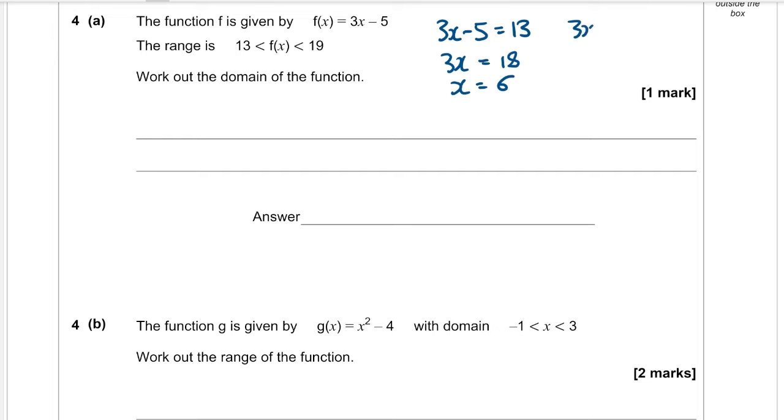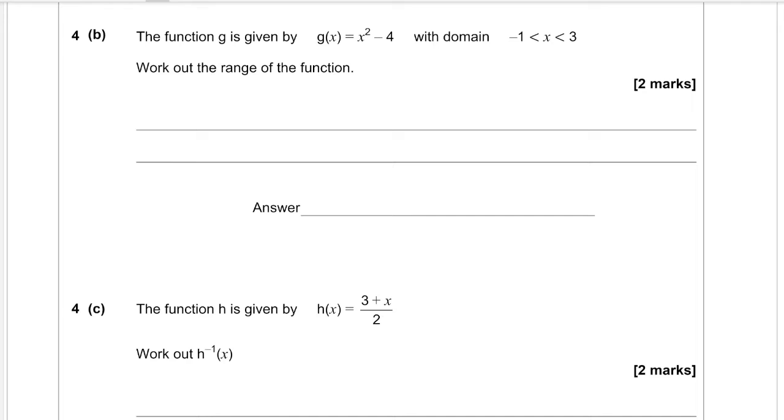And what value of x gives us our highest possible value? Well, that's when it equals 19. So 3x is equal to 24, so x is equal to 8. So therefore our domain must be that x is between 6 and 8. And not equal to, because these symbols here are strict inequalities, they are not equal to either.